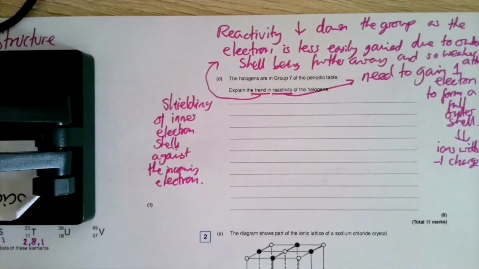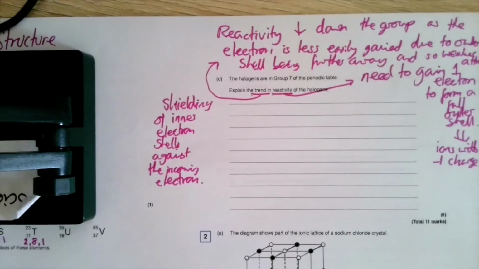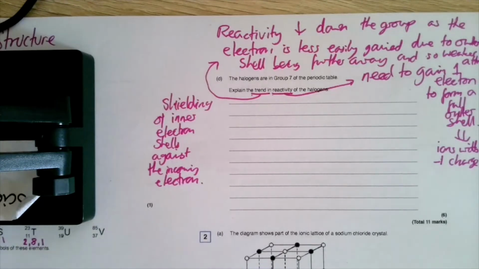Okay, so for our 6 marks, I'd say we need 3 linked statements. We need to be making sure that we're talking about our energy levels increasing, our distance from the nucleus increasing, and thus making it harder to gain that electron.